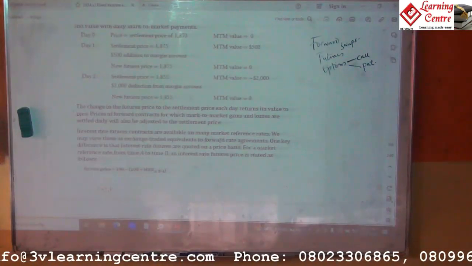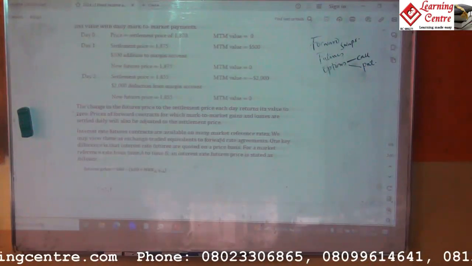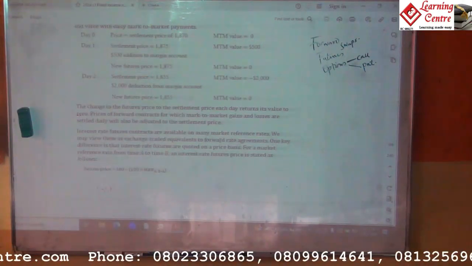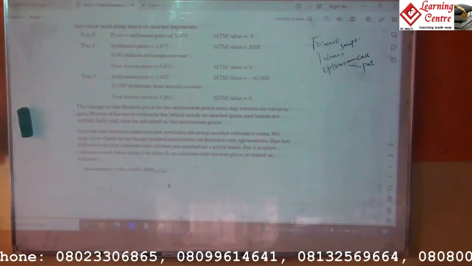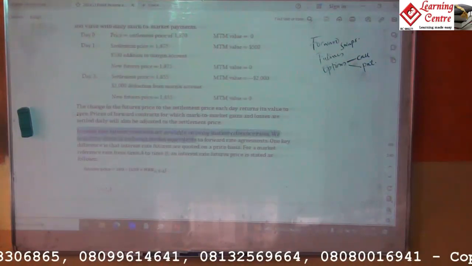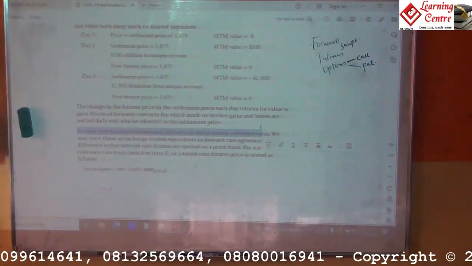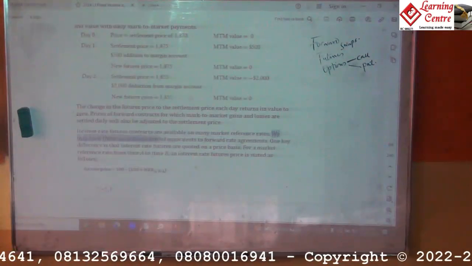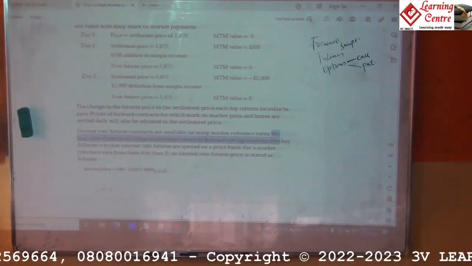Okay, so we have the market reference rate. We spoke about this when we spoke about swaps, and we said when you move from a fixed rate to a fluctuating rate, there's a market reference rate. So all this is saying is that interest rate futures contracts are available on many market reference rates. If you want to do an interest rate futures contract, we may view this as the exchange-traded equivalent to a forward rate agreement.